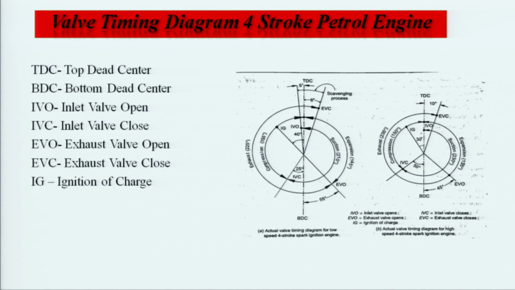Now, come to the valve timing diagram, how the valves are operated, because the opening and closing of the valves is very important. Ideally it was assumed, with top dead center and bottom dead center here, that when the piston comes from top dead center to bottom dead center, that process is called suction.